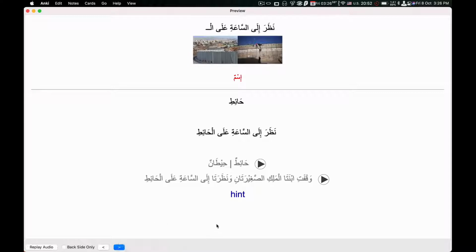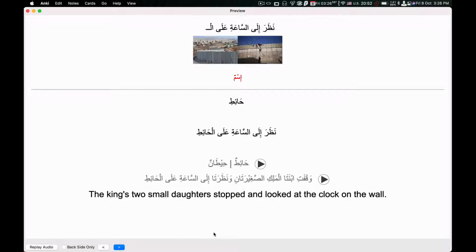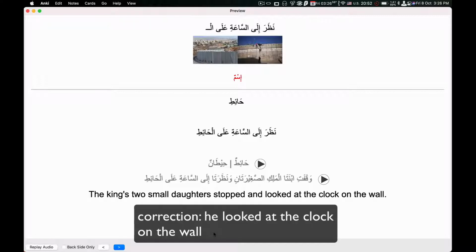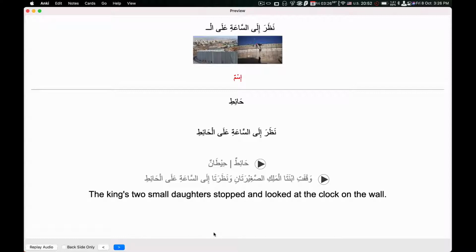So, nadara ila sahati ala Haiti. Basically, this means he looked at the watch on the wall, and hitun, hitanu here means wall, and then the plural, walls.